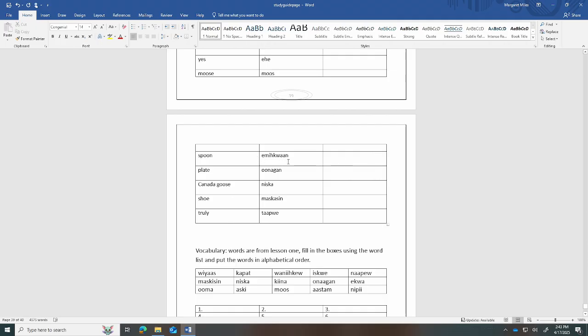Emekwan means spoon. Unagan means plate. Niska, Canada goose. Muskison means shoe.